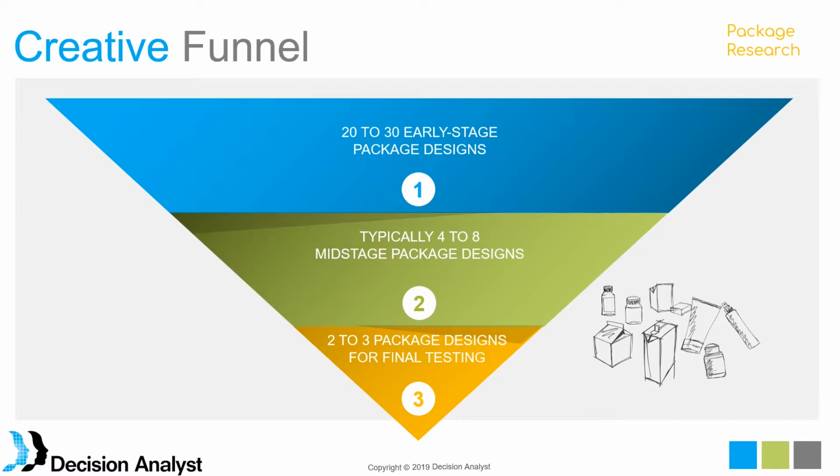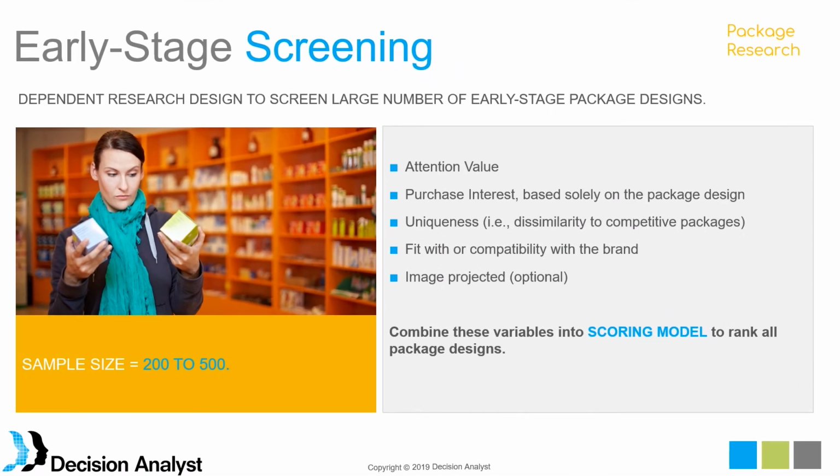So, early stage screening. Let's assume we have 20 or 30 preliminary early stage package designs. We typically will screen these with a quantitative, survey-based approach, and the research design is dependent. By dependent, I mean that each respondent sees all 10 packages or all 20 packages or all 30 packages.